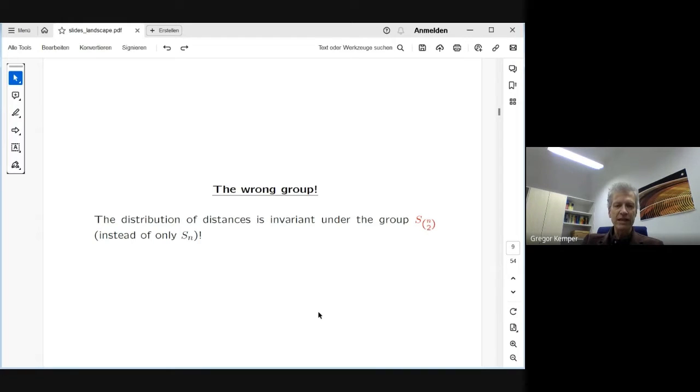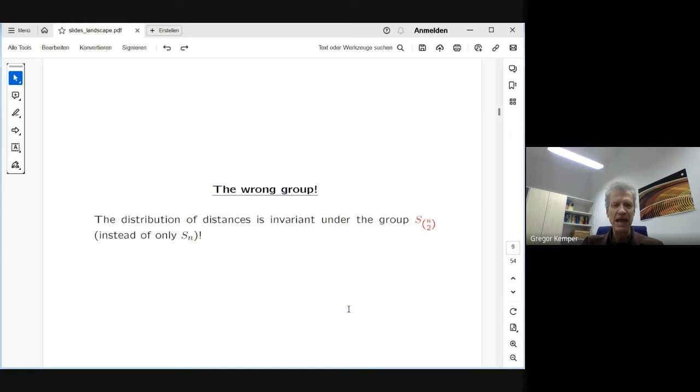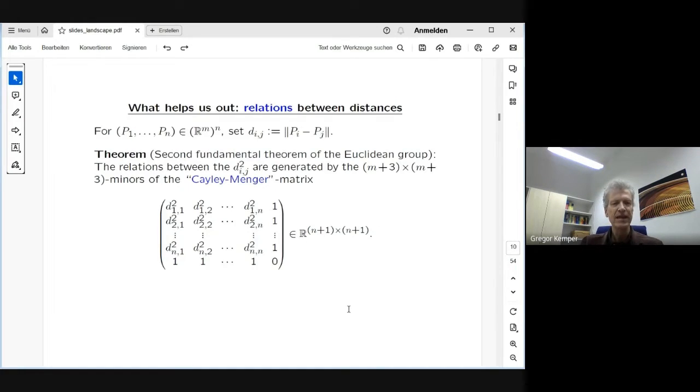However, when you look again at this counterexample and realize that I said, yeah, it's fine-tuned in such a way that this distance 2 reappears down here, it may give us some hope that in fact we may have something there. And in fact, what helps us out here is that the mutual distances in general are not general, but they satisfy some algebraic relations.